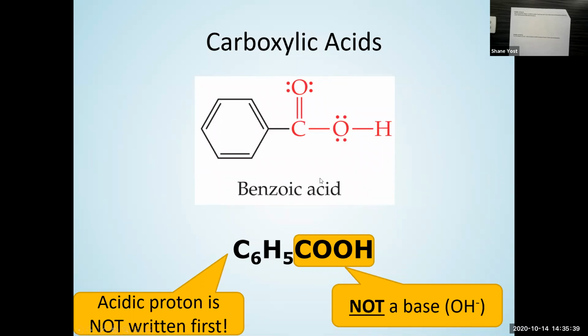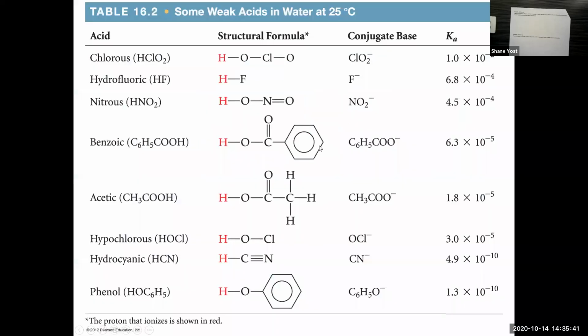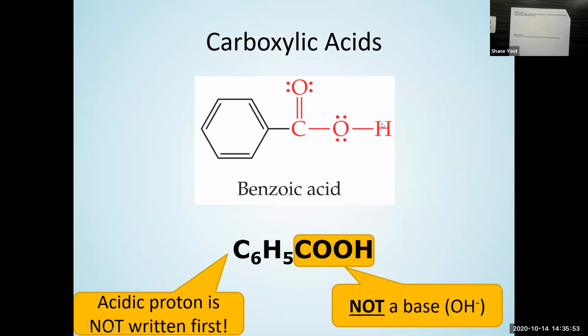Just keep in mind that acids like benzoic acid and acetic acid are acids where the H plus breaks off into solution, not some sort of OH minus. These are weak acids that donate protons in solution. That proton is typically written at the end of the formula.